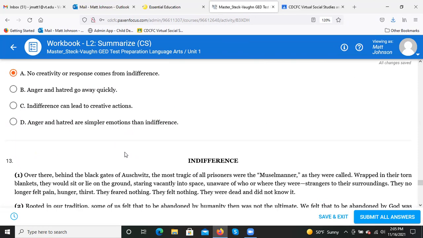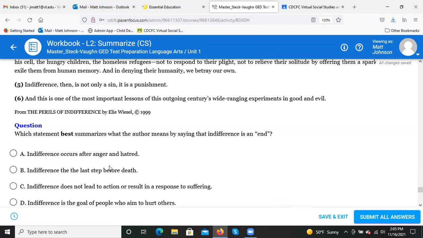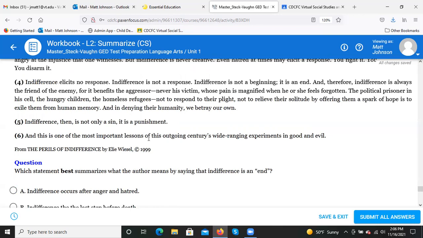Okay. And 13. Which statement best summarizes what the author means by saying that indifference is an end? A, indifference occurs after anger and hatred. B, indifference is the last step before death. C, indifference does not lead to action or result in a response to suffering. Or D, indifference is the goal of people who aim to hurt others. Check out paragraph 4.